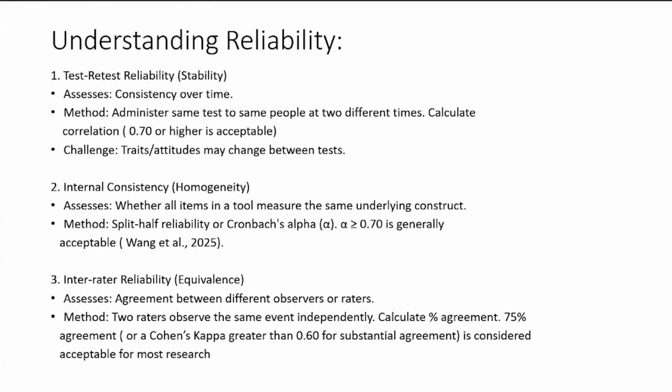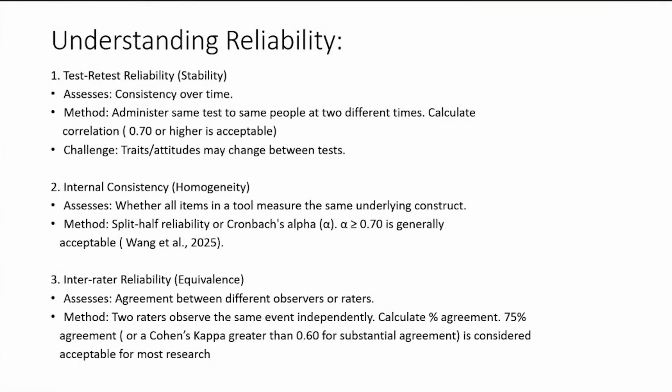So that's another reliability test that we normally carry out. That is internal consistency, and it's also calculated. When you calculate this, you discover that the Cronbach's alpha there is either greater than or equal to 0.7. So you also administer the instrument, then you run the analysis.